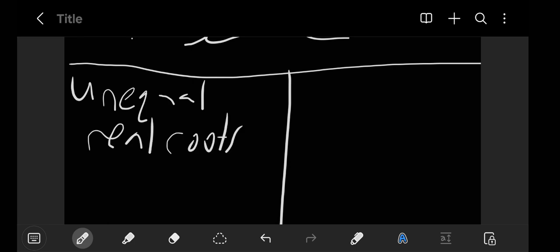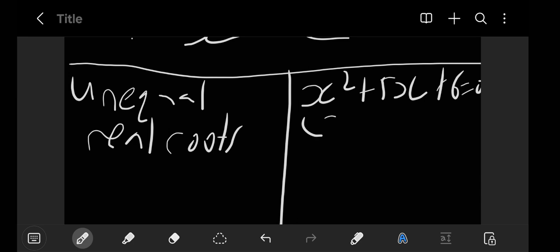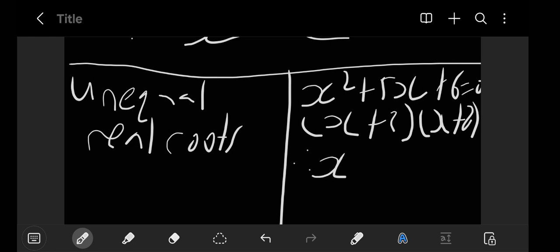Remember the example that we did where we had x squared plus 5x plus 6 equals 0? Then we had x plus 3 and x plus 2, and they're unequal because we have two different solutions, unlike the one previously where we only had x equals -1. Here x is either equal to -3 or x is equal to -2, and we have two unequal real solutions.